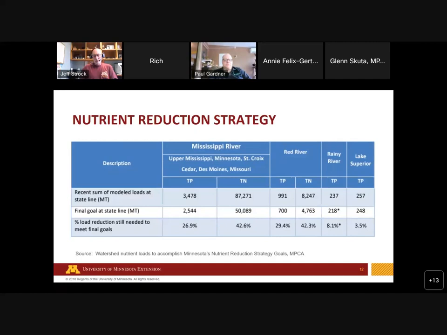This data is from the original nutrient reduction strategy. On the left axis, we have different management practices that could be implemented in terms of trying to achieve nitrogen load reductions. I've color coded them. The green ones up at the top tend to be more vegetation oriented, perennialized types of situations.